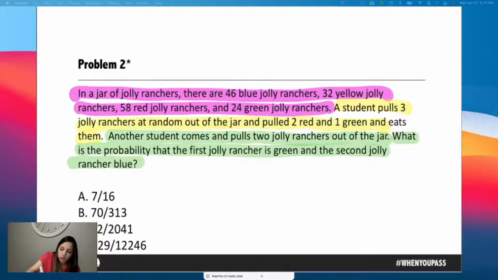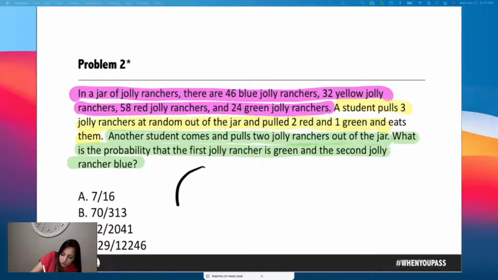So when we are solving problems like this, where we've got double probability, what we're really dealing with is 2 isolated probabilities, because I'm going to reach my hand in the jar and pull a Jolly Rancher out. There's my first probability. Then I'm going to do it again. It's a totally different probability because I'm reaching my hand into that jar a second time.